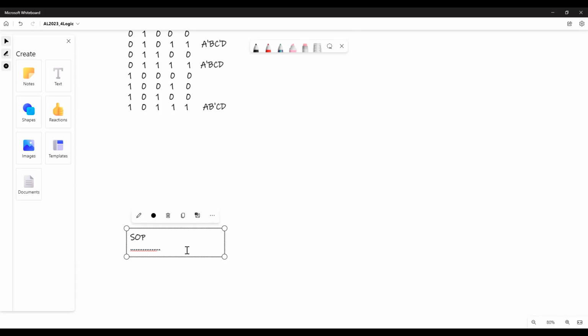Type what SOP is, and then you need to simplify using Karnaugh maps. Can you do that for me?